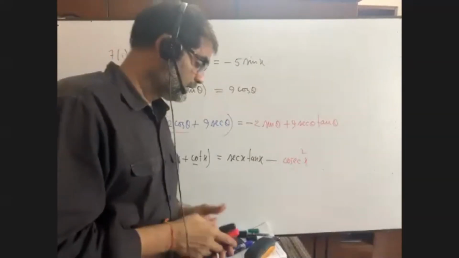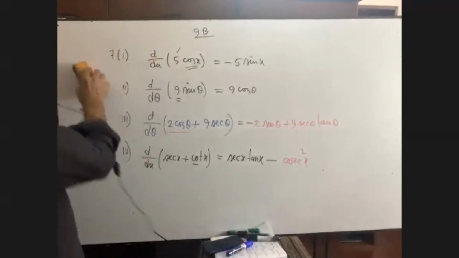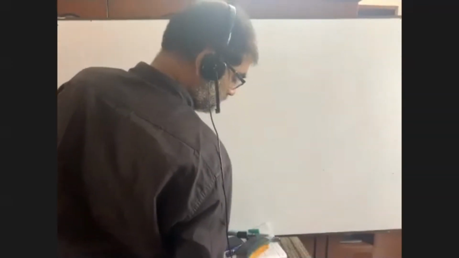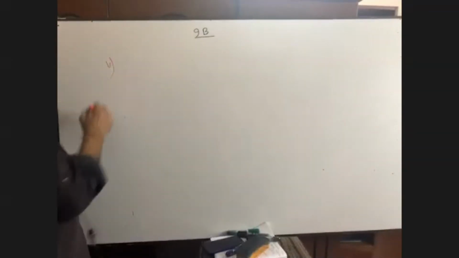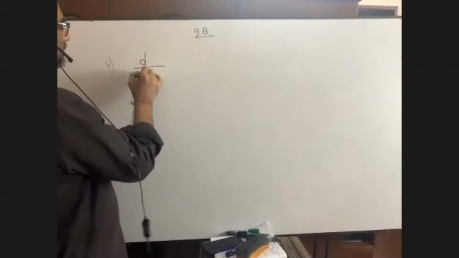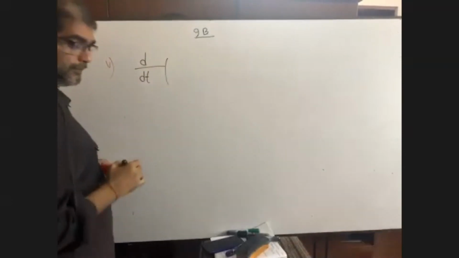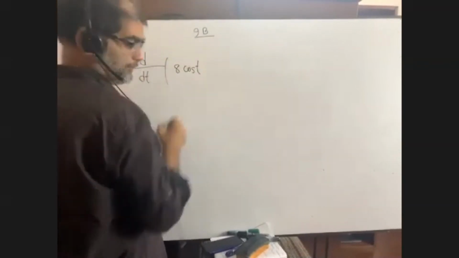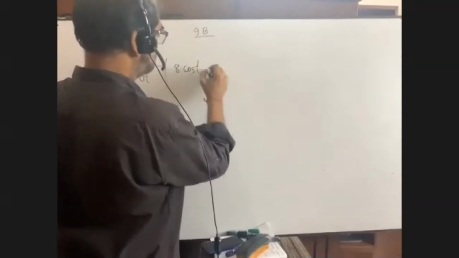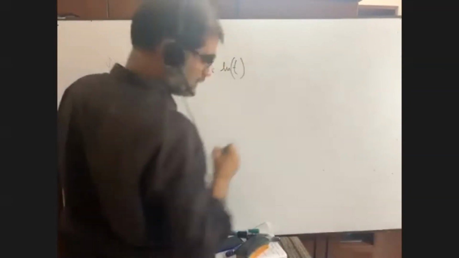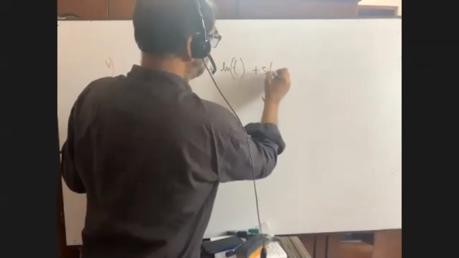Okay. Now question number 5. d by dt of 8 cos t plus ln t plus 5t.